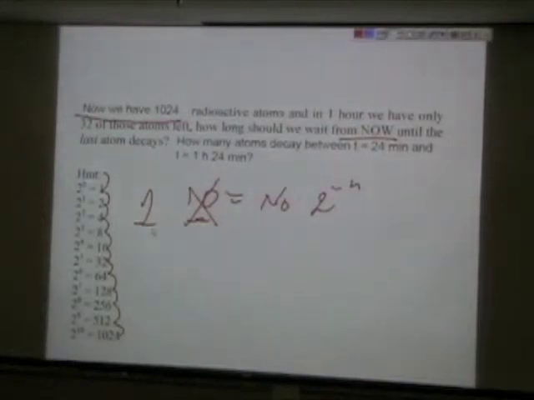And that will give you, again, 10. And now, if you are looking for the time that last atom decays as well, you have to add one more half-life. So 11 half-lives.